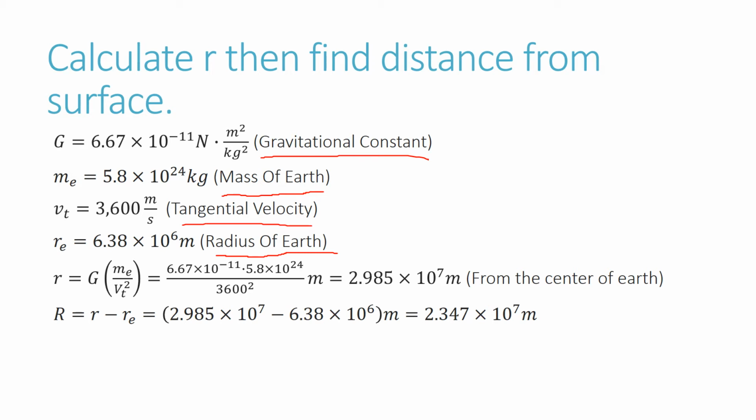So if we sub in G right here, and then we sub in m_e right here, and then we sub in v_t right here, we'll develop this expression right here.